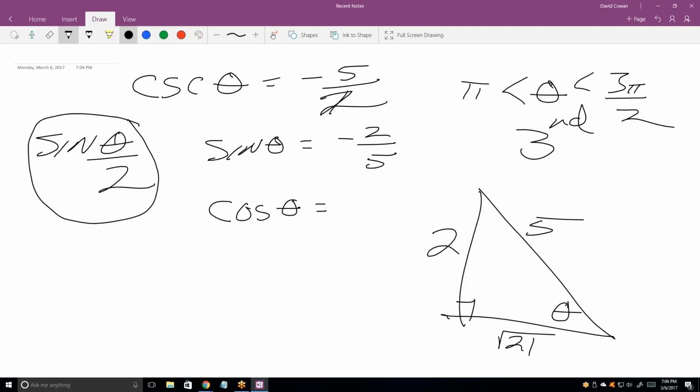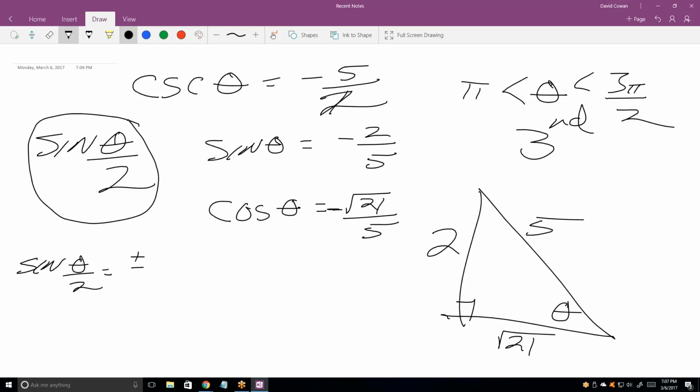Okay. So what's the cosine of theta? Root 21 over 5. All right. Now that we know the cosine of theta, and it's the third quadrant, so what is the sign, the plus or minus sign on the cosine of theta? Negative.